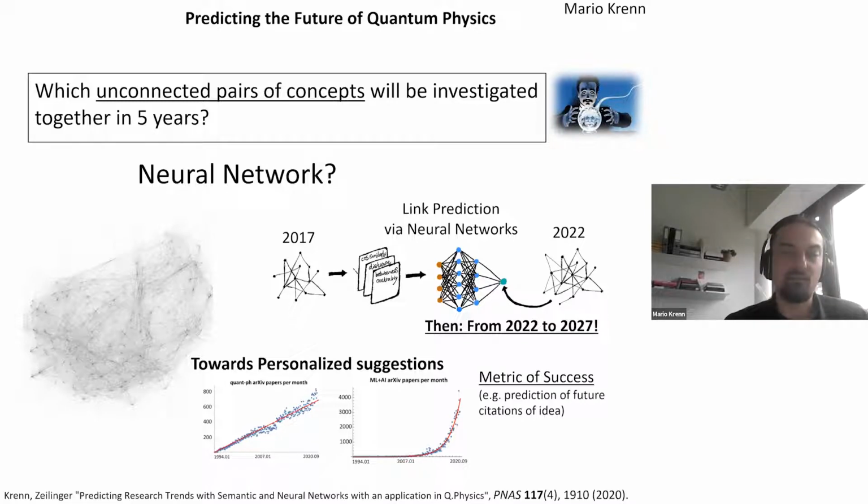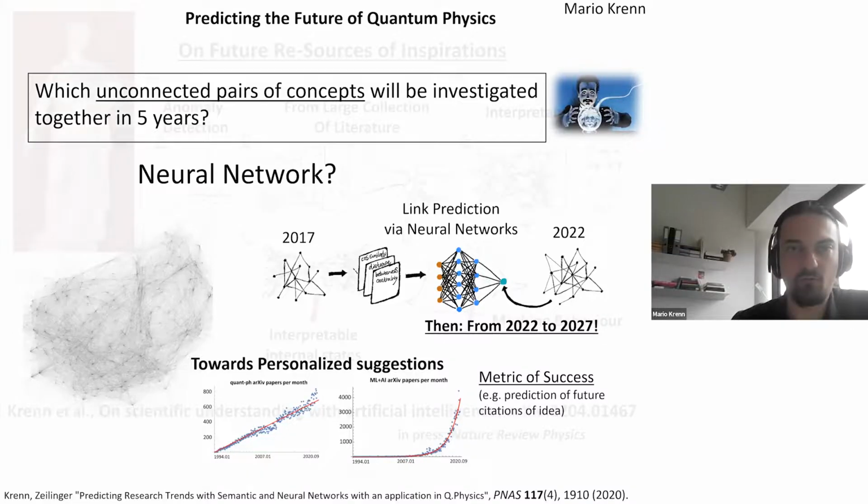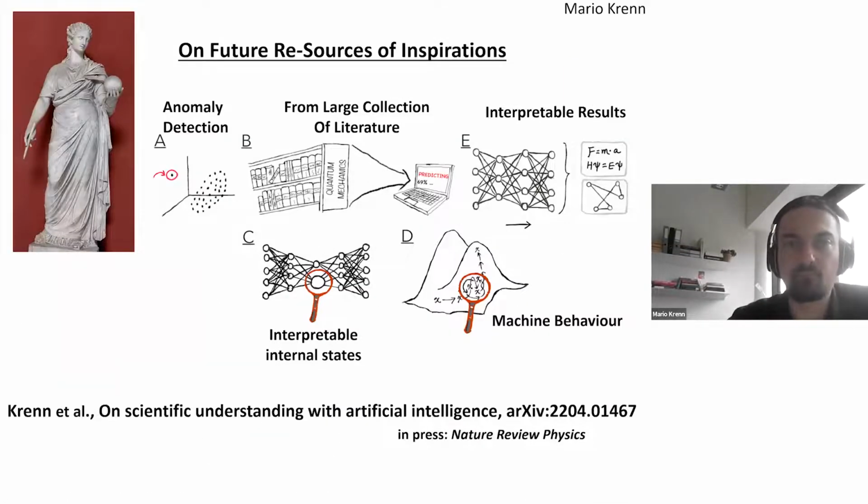Okay, now let me step back and look at the bigger picture of generally how we can use AIs to inspire new ideas. So we recently wrote an article on a slightly more general topic on how we can get scientific understanding from AI, and it was just accepted in Nature Reviews Physics.